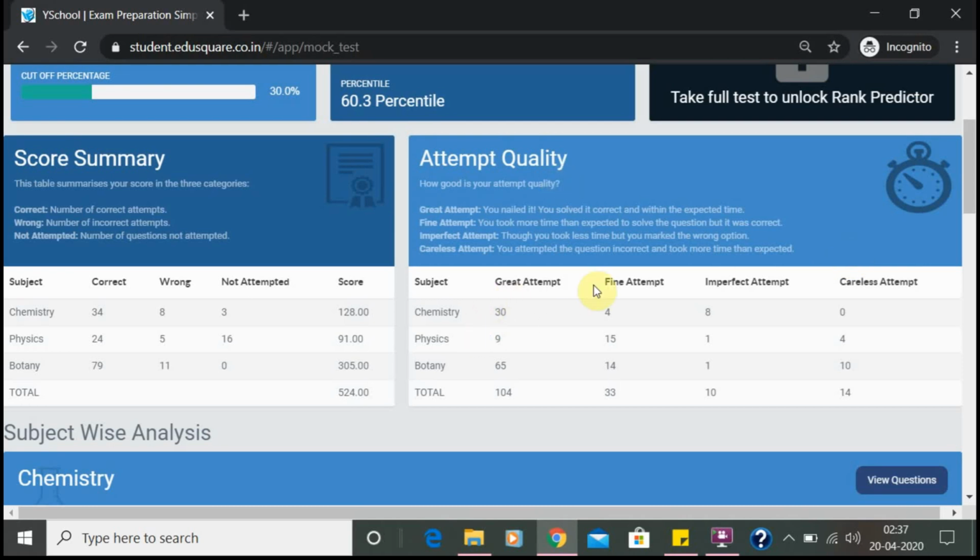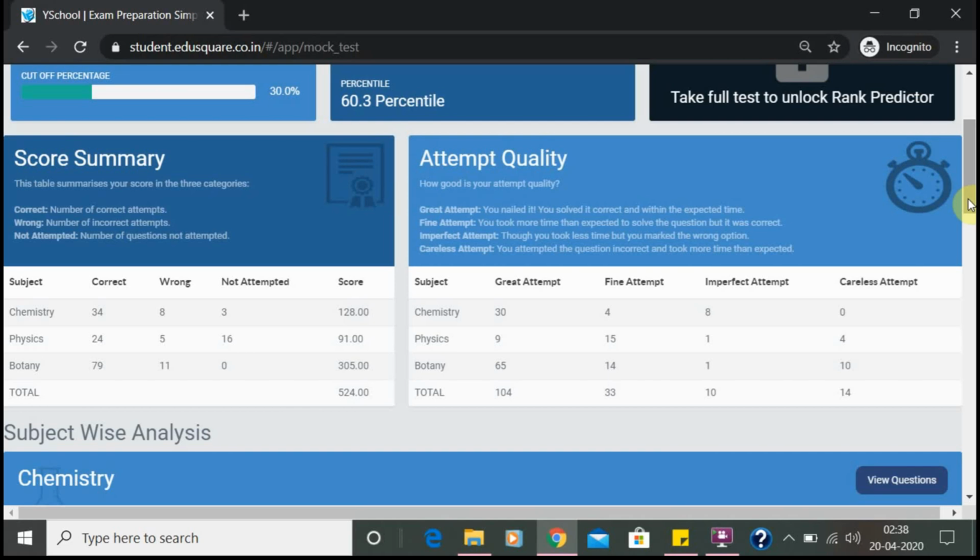So what is a great attempt? That is when you've done it in less than the ideal time, and your answer is also correct. A fine attempt is one where you took a lot of time but still got the correct answer. An imperfect attempt is one where you took less time and the answer was also wrong.